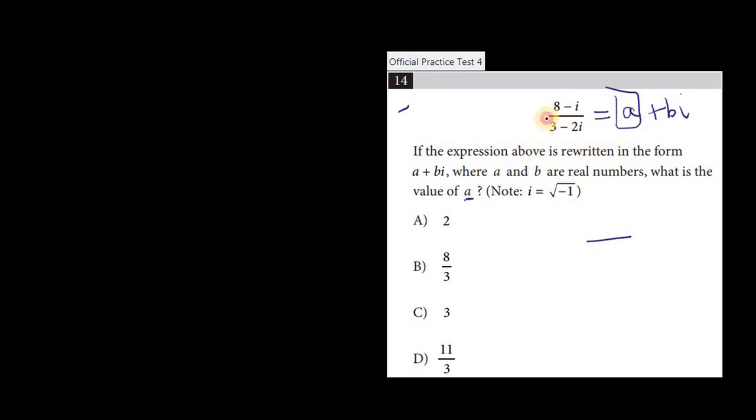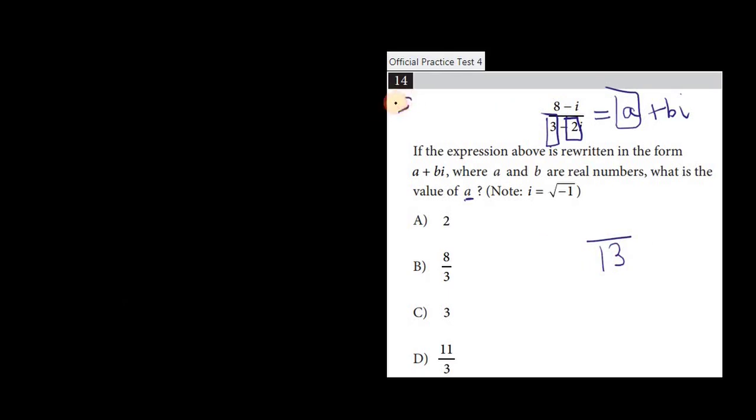To do that, we take the first number and square it. So 3 squared is 9 in my head. And then we add it to the square of the second number, which is the coefficient of i. That's 4. So it's 9 plus 4, which is 13. That's my denominator.